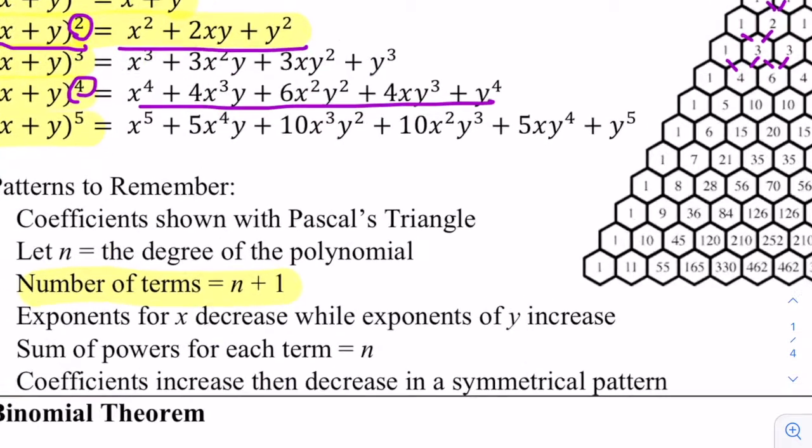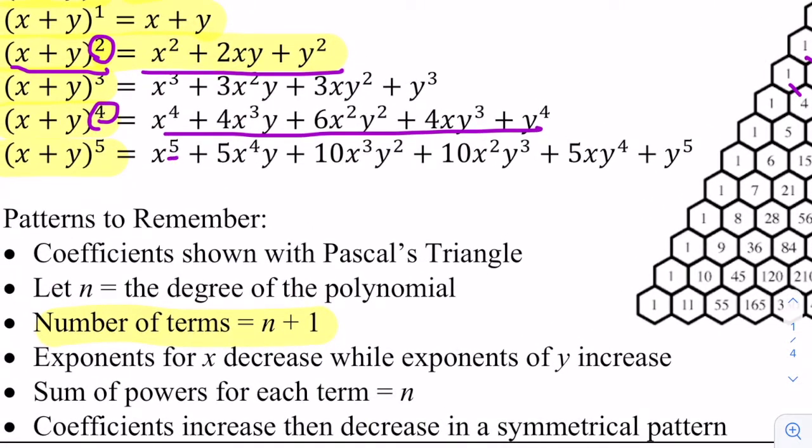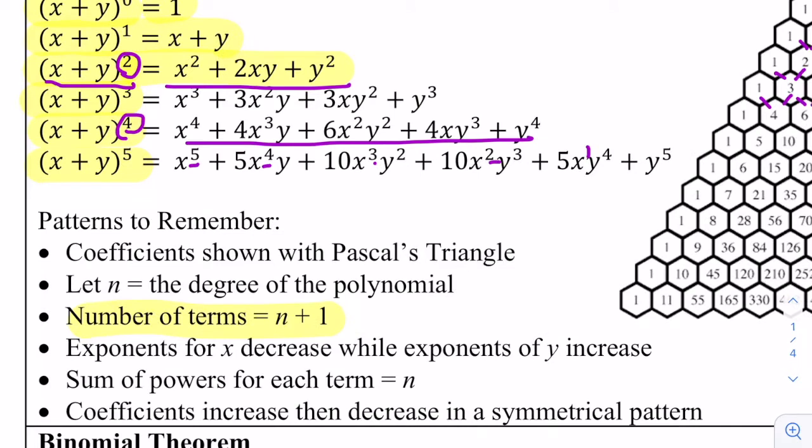The exponents of x will decrease. So we have 5, 4, 3, 2, 1, and then 0, because that simplifies to equal 1. The exponents of y will increase. So we have no y here, so that's y to the 0. Y to the 1, y squared, y cubed, y to the 4th, y to the 5th.